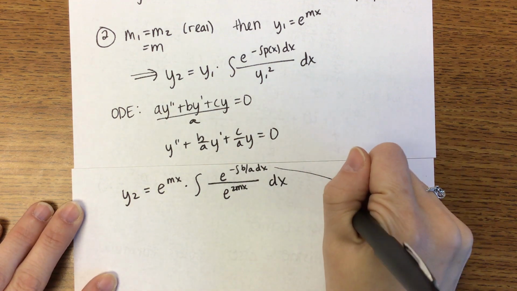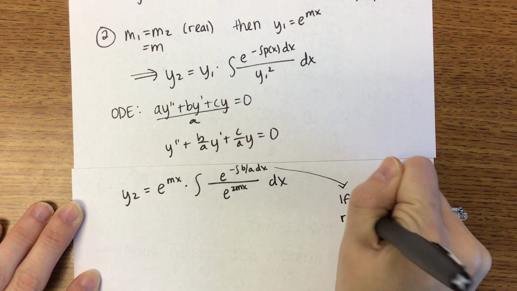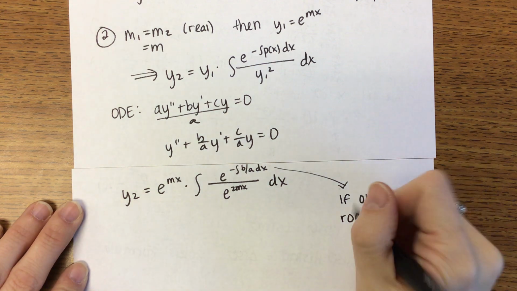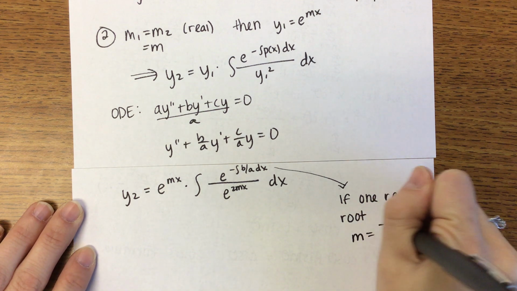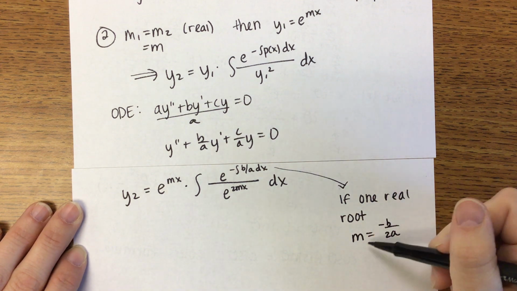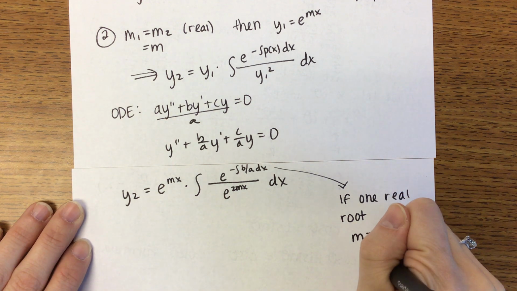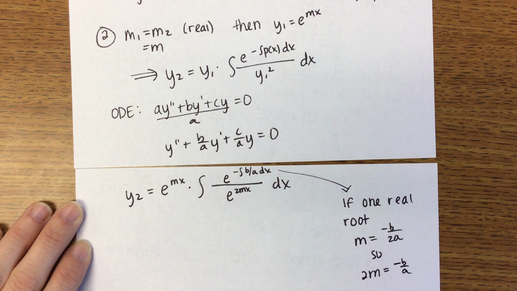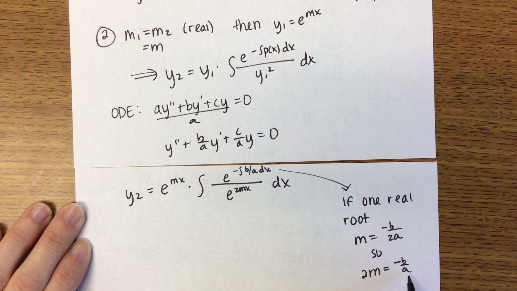If we have one real root, what do we know about the discriminant? Discriminant equals 0, which tells us the rest of the quadratic formula, so the negative b over 2a, is what m is equal to. If I multiply the 2 over, 2m is equal to negative b over a. So this negative b over a I can replace with 2m.